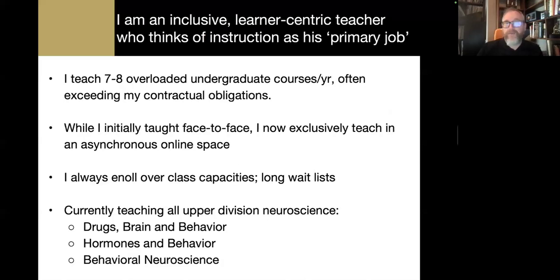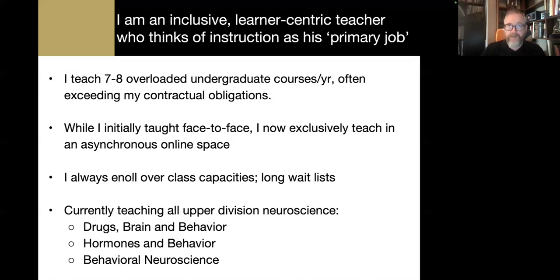So currently, I'm a professor at a regional R1 liberal arts campus that primarily serves first generation students. The University of Colorado, Denver is also a Hispanic serving and Asian American and Native American Pacific Islander serving institution. Over the last several years, including summers, I've been teaching about 7 to 8 asynchronous online undergraduate courses per year.